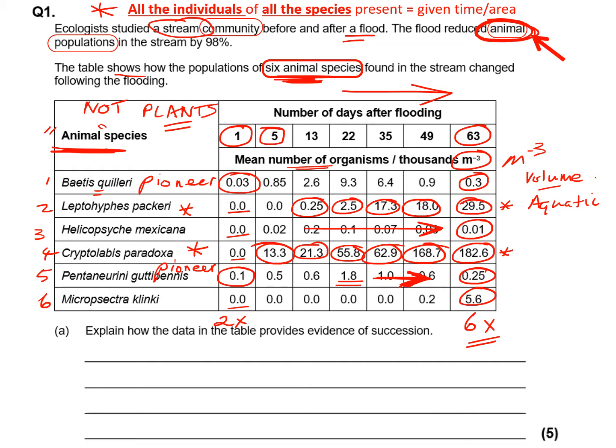We get new species start to increase in number that can feed off or outcompete the previous species in some way. So we get a change in biodiversity, and in this case we get an increase in species richness over time. So not only do we get an increase in the total number of individuals, which would be the index of diversity with 6 species, we get an increase in the number of species from 2 to 6.